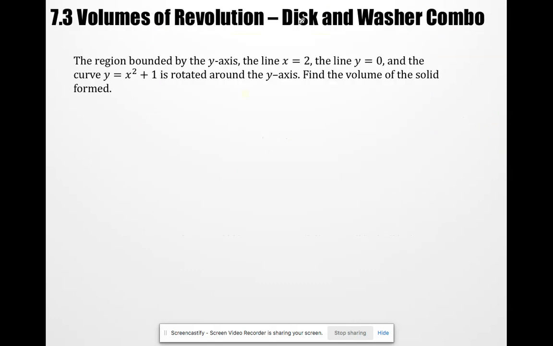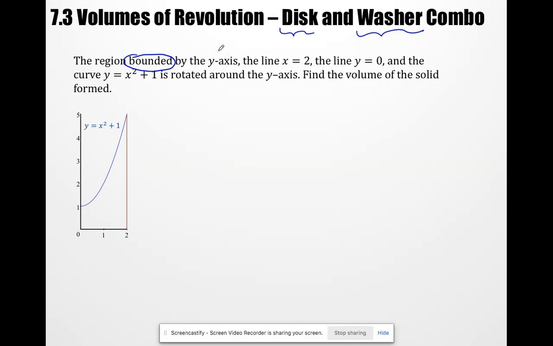So the first thing I'm going to do is show you a problem that requires both discs and washers, and then I'm going to show you how I would use shells in order to do just one problem instead of 2. So the first thing I'm going to do is draw this graph. I can't find an area used to find volume unless I'm bounded.